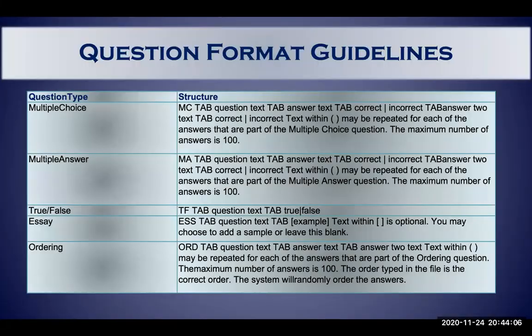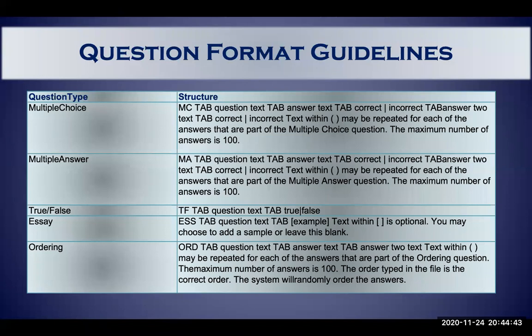Here is a sample for preparing a multiple choice file. The structure would be MC. You need to start in column 1 with MC, and then tab, question text, tab, answer text, tab, and so on. For every portion, you need to press the tab key to move to the next column, or if you are adding the questions in Word, you need to press the tab to separate all the fields.